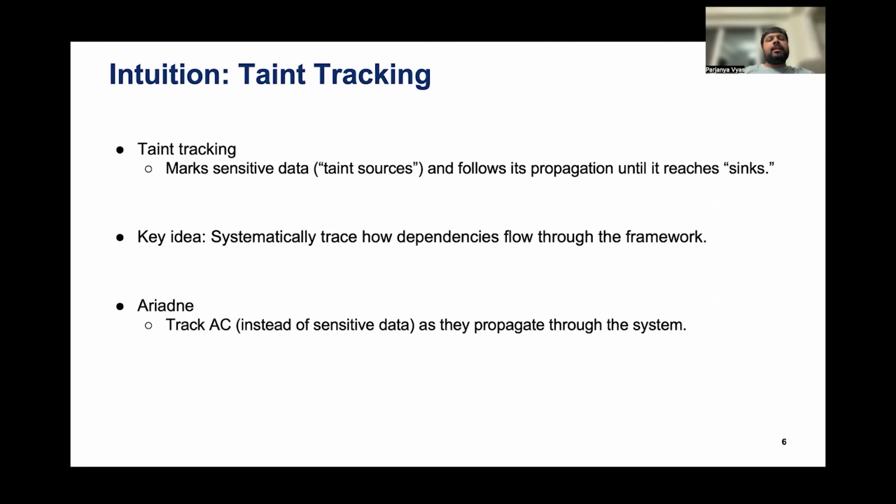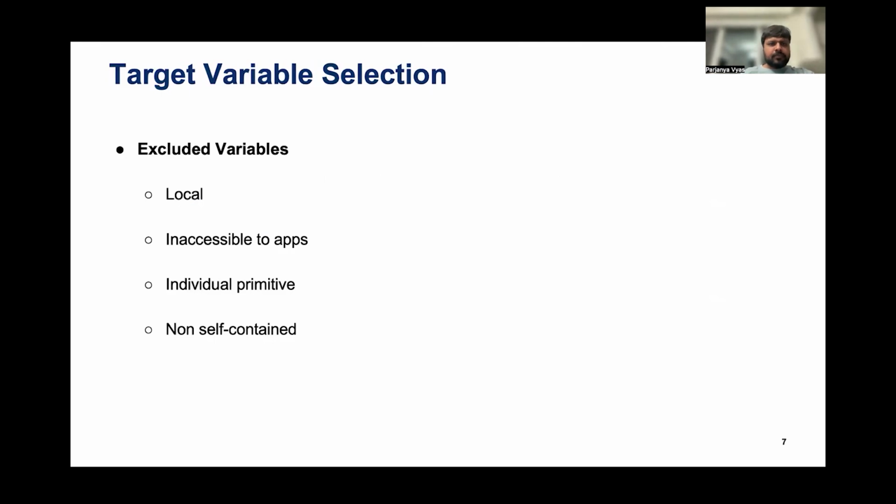We systematically trace how the dependencies flow throughout the framework, but instead of sensitive data, we use access control to propagate throughout this entire framework, and we find where these access controls land eventually, and through that we identify the access control that should exist.